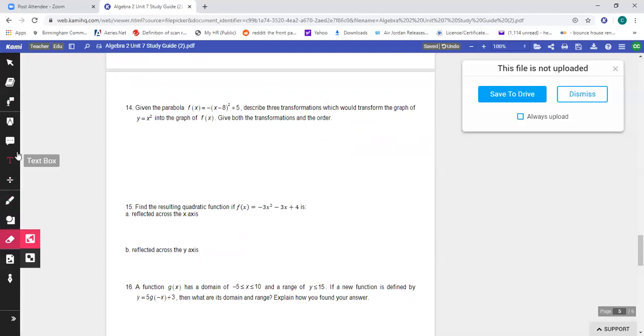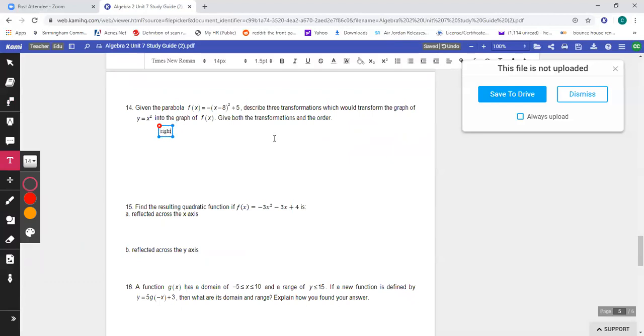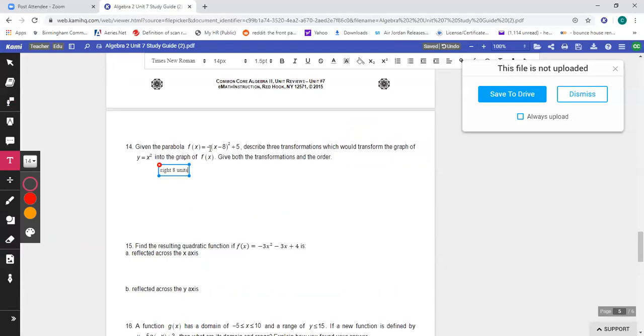Right 8 units. Okay. Then the minus on the outside means it is a reflection across the x-axis. And then now we go up 5 units.